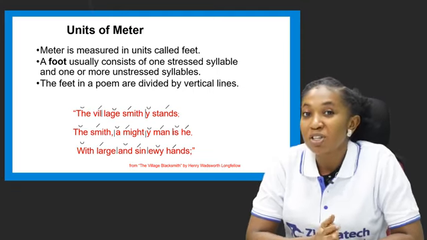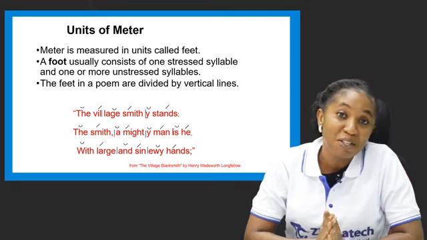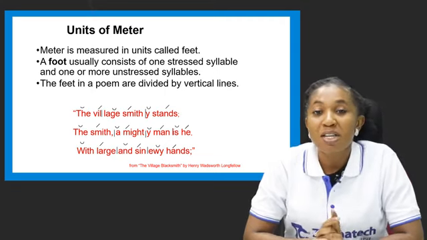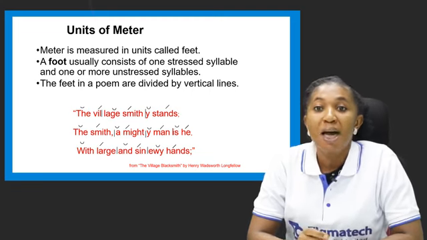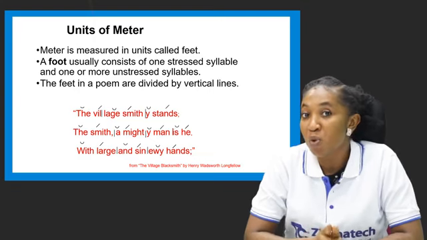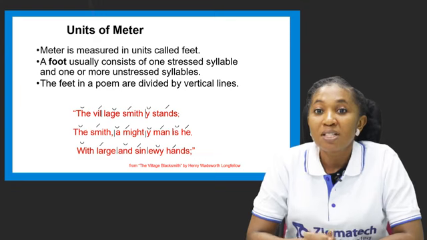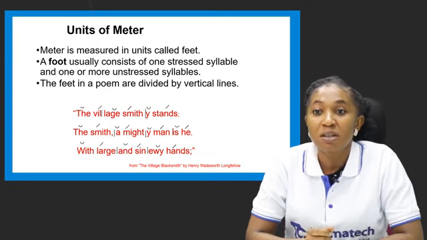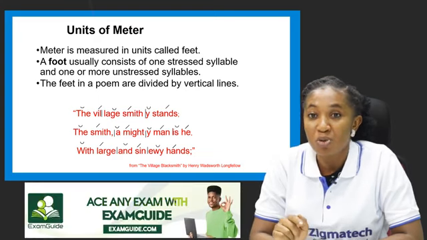Please, when we talk about feet here, we're not looking at the parts of your body. A foot in poetry usually consists of one stressed syllable and one or more unstressed syllables. Remember, you already know what we mean by stressed and unstressed syllables, okay? The feet in a poem are divided by vertical lines. So take note of the vertical lines you can see on your screen.